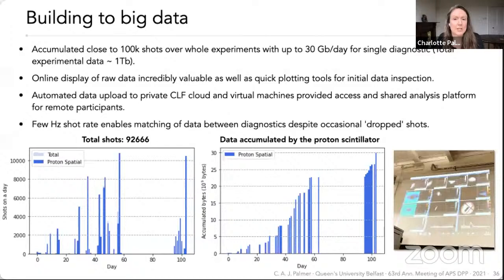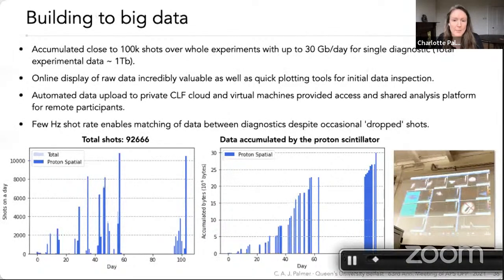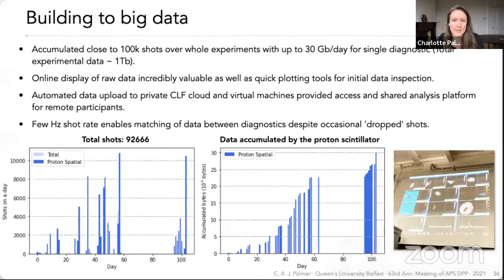The automation coupled with the simple online plotting, like those 1D maps that I just showed, and a live data display that we had up on the wall that showed us all the raw data, enabled us to exploit the laser repetition rate and also quickly identify any issues that needed to be fixed or areas of interest.